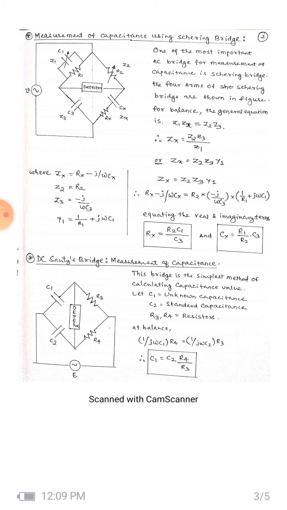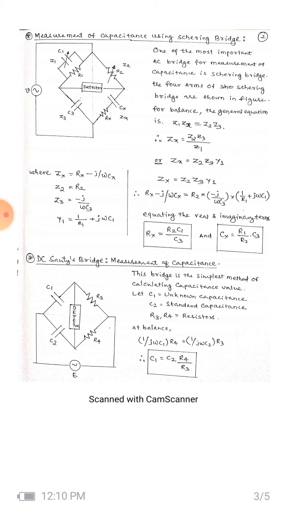For impedance Z3, we have a capacitor here, and this can be written as minus j divided by omega C3. The admittance value Y1, I can write as 1 divided by R1 plus j omega C1. After substituting the values of Zx, Z1, Z2, Z3, we get this equation.